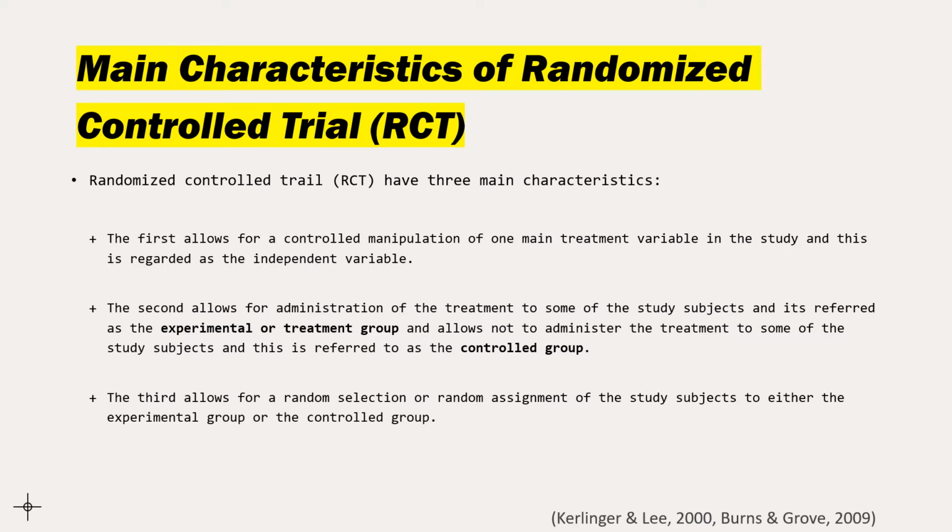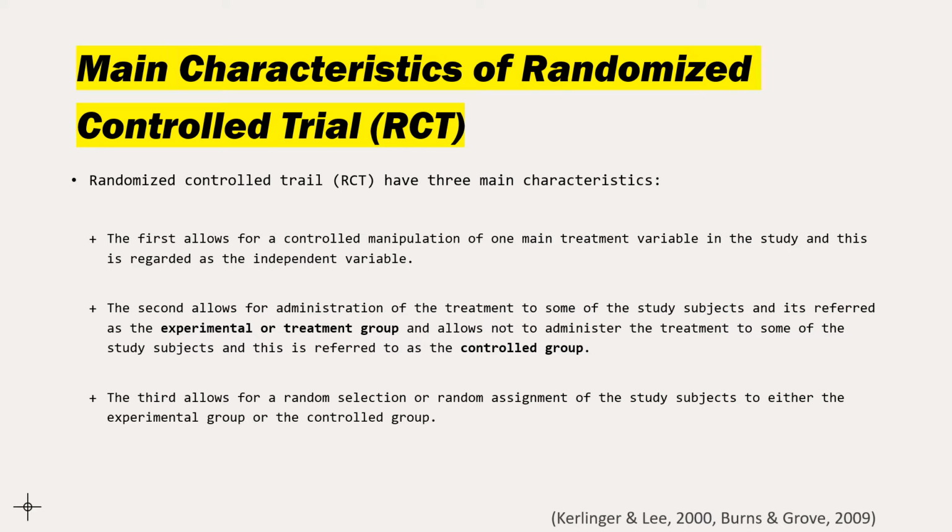Let's take a look at the main characteristics of a randomized control trial. In all, there are three main characteristics. The first allows for a controlled manipulation of the main treatment in the study, which is regarded as the independent variable.